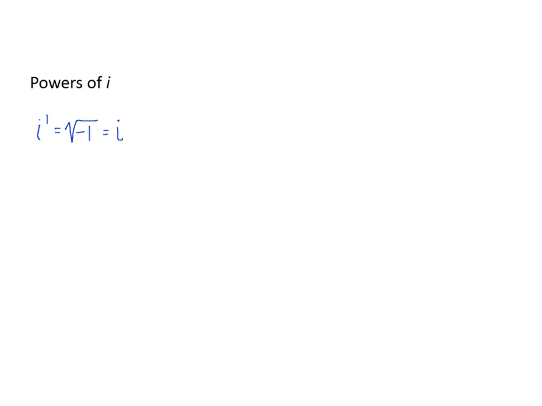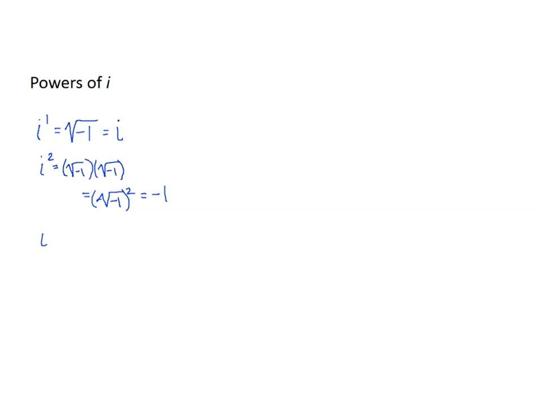All right, i to the second power is the square root of -1 times itself. So that's like saying the square root of -1 squared, which we looked at extensively in the previous lesson. When you square something that's being square rooted, you're left with just what's inside.